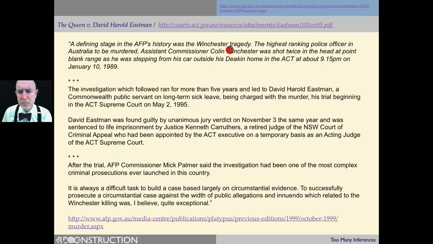Kind of the key point was that, as it says here, the highest ranking police officer in Australia to be murdered, Assistant Commissioner Colin Winchester, was shot twice in the head at point blank range as he was stepping from his car outside his Deakin home in the ACT at about 9:15 p.m. on January 10th, 1989.